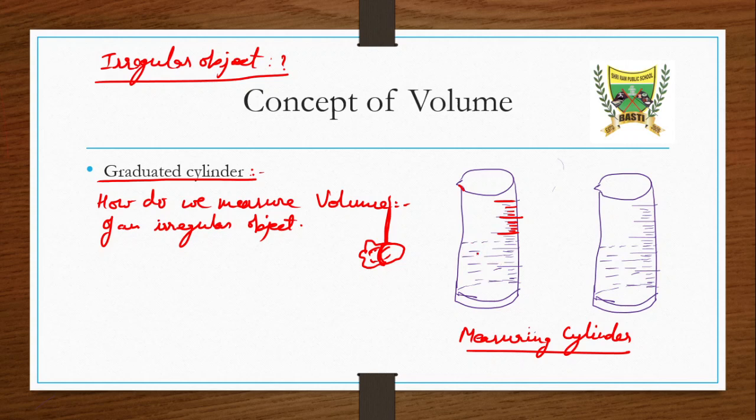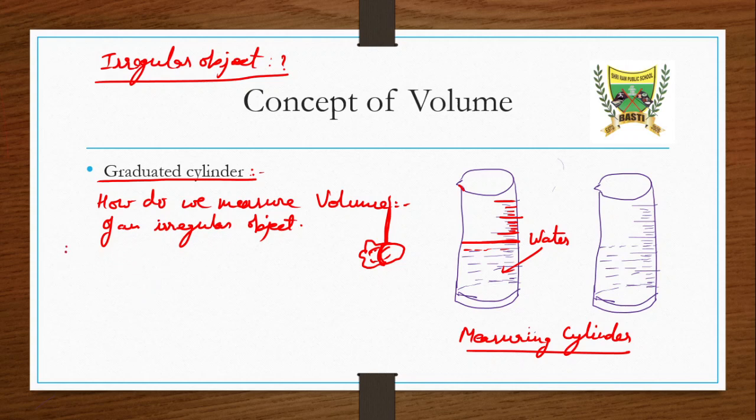In the measuring cylinder we have already put some amount of water, and the volume of the water is already known. Why? Because the graduated cylinder is marked with levels, and we can directly read the level of the water, so that we can directly calculate the volume of the water.